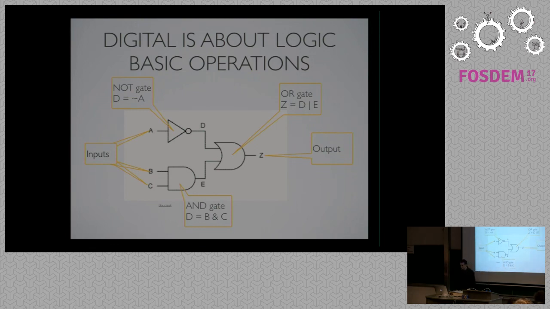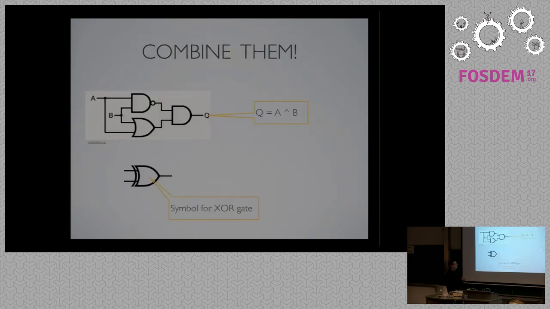Well, this looks very simple, maybe too simple. You can say, okay, what can we do with only 3 logical operators? But you get a lot of power by combining them. So for example, the XOR, or exclusive OR operator, which is expressed with a caret in C, can be created from all the previous gates.